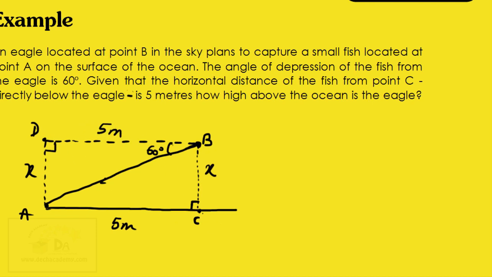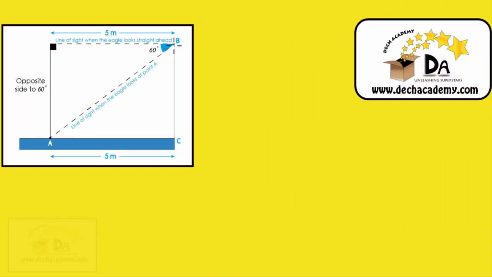I'm just going to move to a neater diagram. The eagle is located at this point B, the fish is located at point A, and the point C lies directly below the eagle. I'm going to call the length of B to C, X. So essentially we have a right angle triangle, ABC, because there's a vertical height and this is the horizontal surface of the ocean.